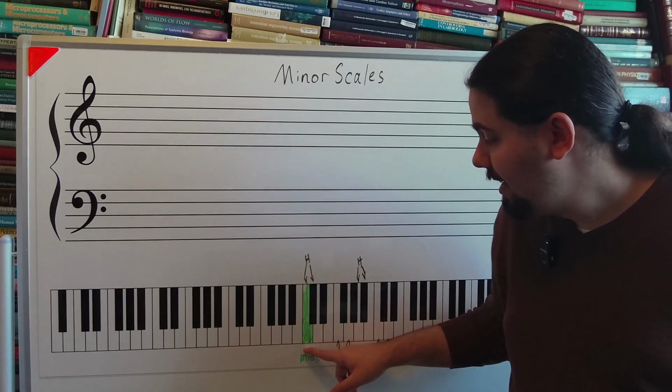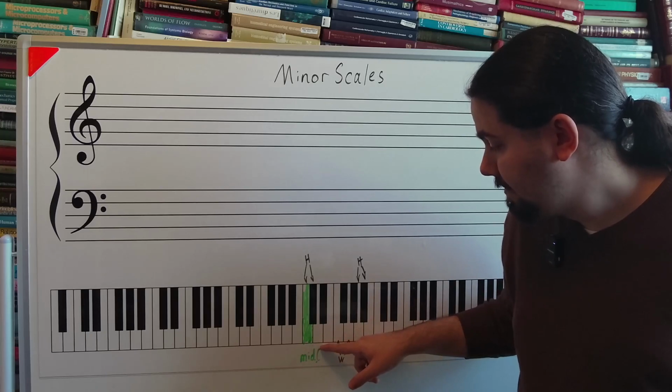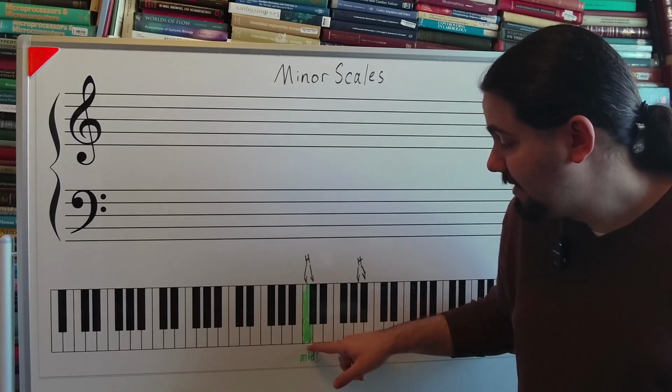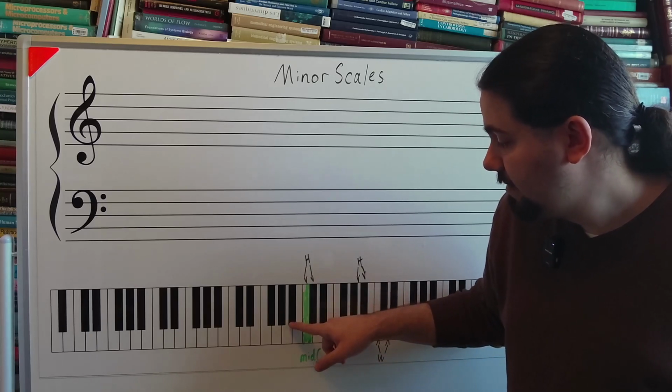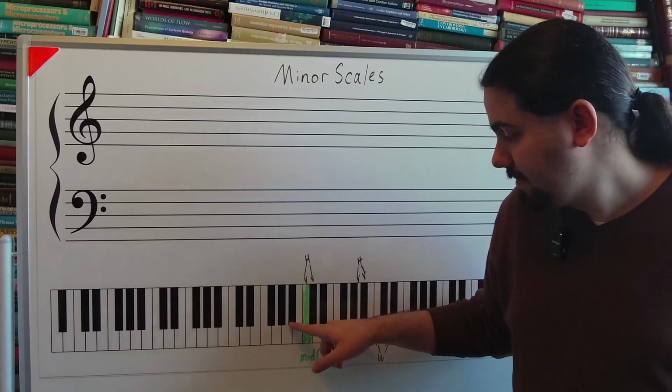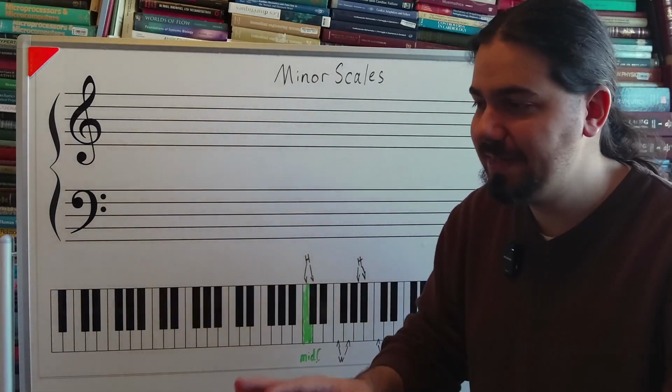So a whole step up from C is D. A whole step down from C is B flat. And I think you get the picture. Whole steps, half steps, very simple.